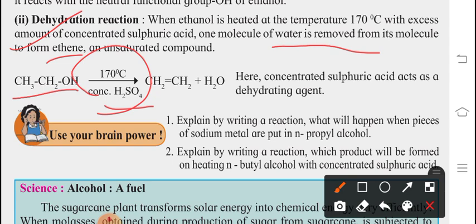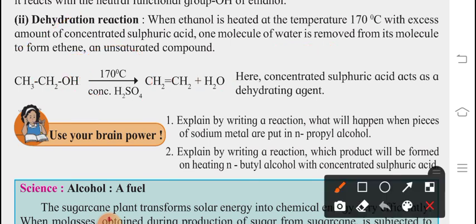That means instead of CH3, CH2 will be there, and this becomes a double bond. So CH2=CH2, and one hydrogen removed pairs with OH, and we get H2O, that is water. So here concentrated sulfuric acid acts as a dehydrating agent.